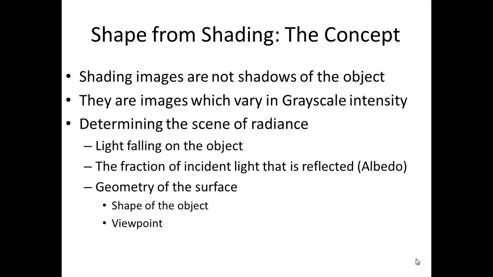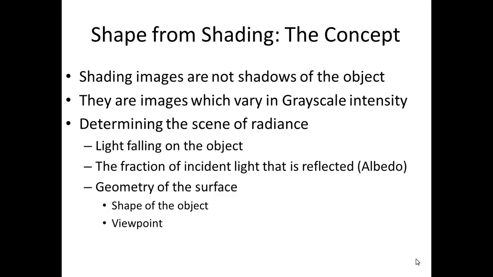Now, for determining the three-dimensional shape from the shading images, the knowledge of the scene radiance is required. Determining the scene radiance comes from the knowledge of the light falling on the object, the fraction of incident light that is reflected away from the surface of the object, which is also known as albedo.